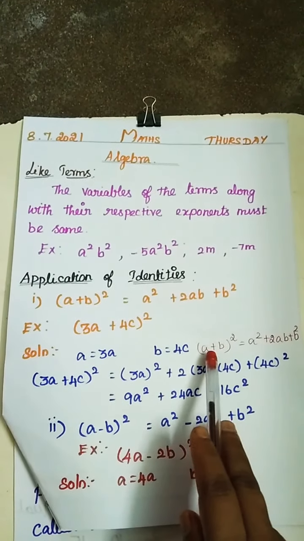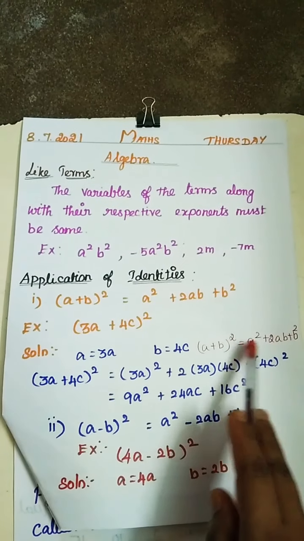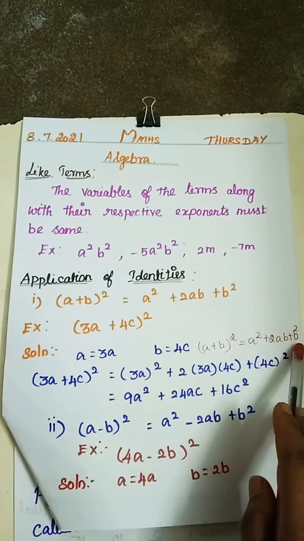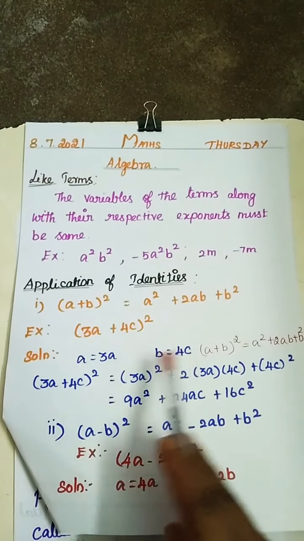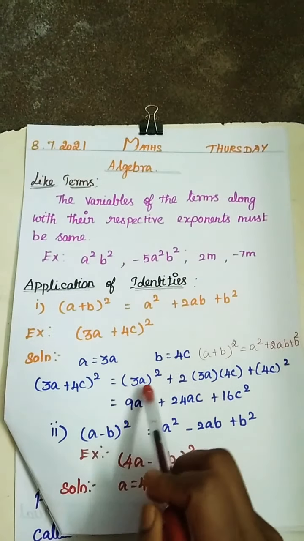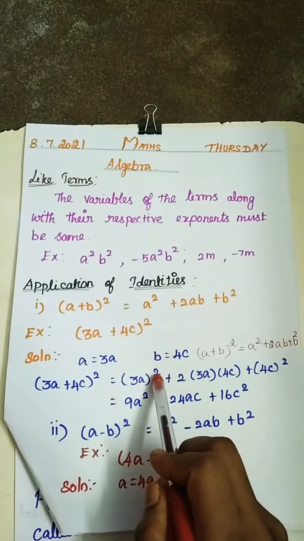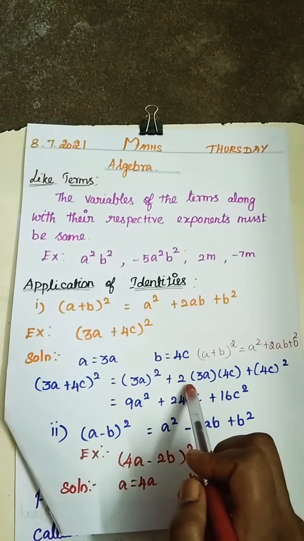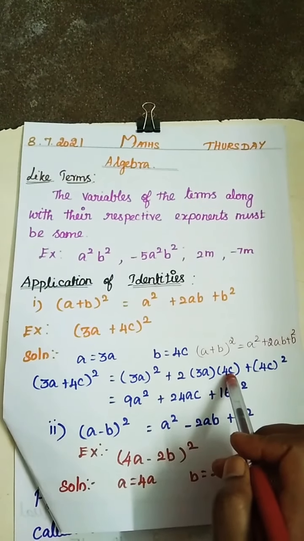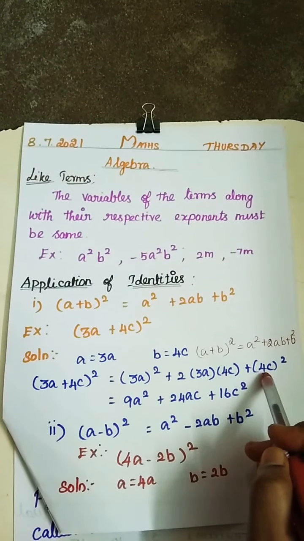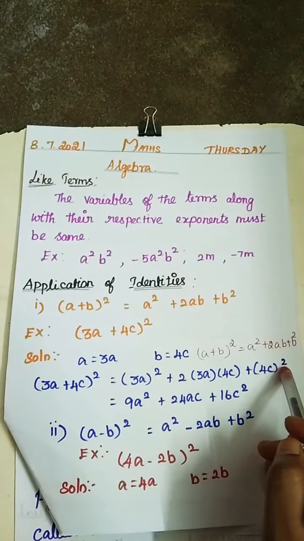First write the formula, then substitute the values. So (3a) the whole square plus 2 into ab, where a value is 3a and b value is 4c, plus (4c) the whole square.